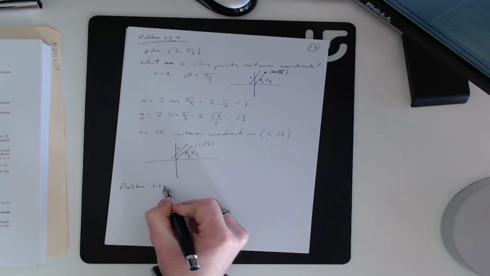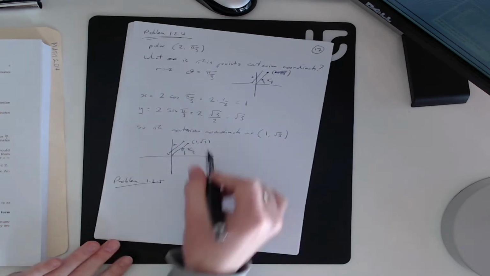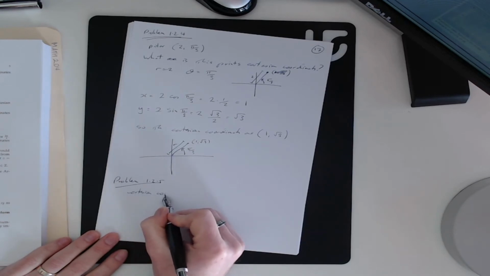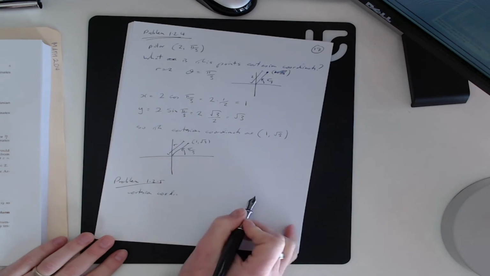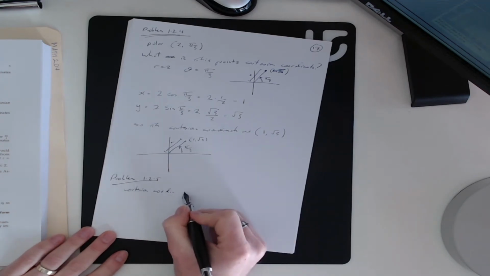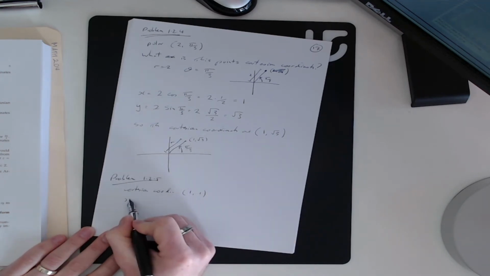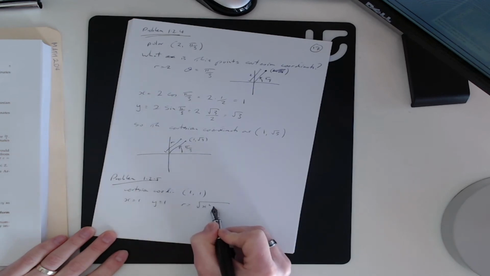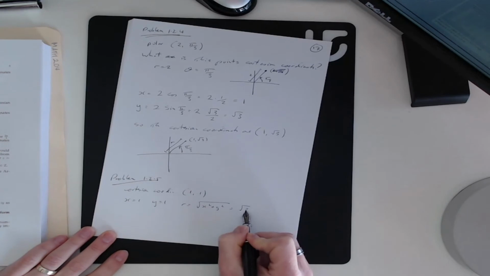Problem 1.2.5. I'm going to be a little quicker here. In Cartesian coordinates, the point 1, minus 1, so x equals 1, y equals minus 1. R equals the square root of x squared plus y squared, which equals square root 2.